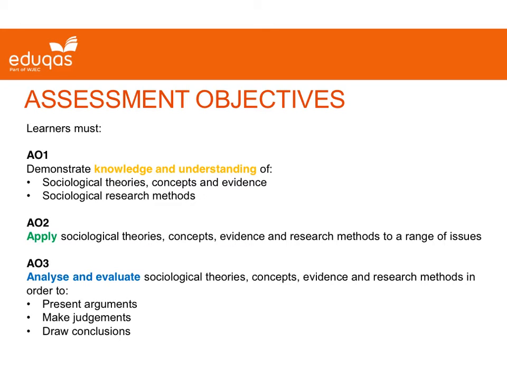So this is about your ability to go beyond description and to actually present arguments in a clear and logical way, but also a critical way. So evaluation in particular is your ability to make critical judgments about the quality of the arguments and evidence that you're presenting and to draw relevant conclusions.